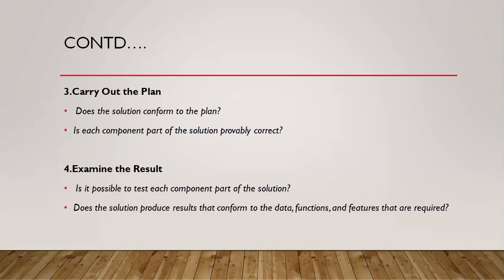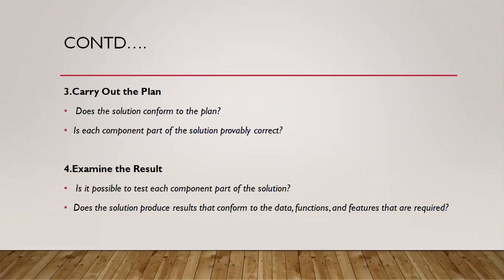Coming to the first one, does the solution conform to the plan? Whatever code is implemented, will it work according to our plan or not? Is our developed code giving the exact results we are expecting? That is called, does the solution conform to the plan?